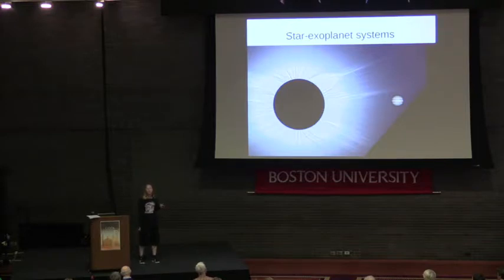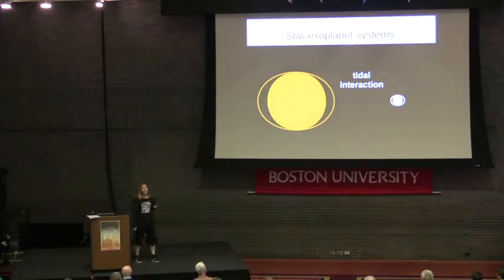Now, what are the actual things that we might expect to see in such systems? One of them, and this is a pretty straightforward one, is gravitational tidal interaction between the host star and the exoplanet. These 2 objects will raise tides on the surface of the other object. I will go into this in a bit more detail, but we can expect certain things to happen here.